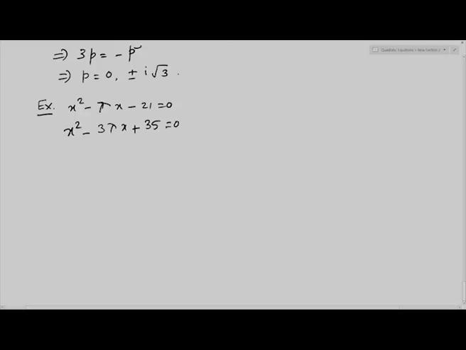The same procedure you can adopt. If they have a common root, find lambda. By using the same method you can show that lambda is equal to plus minus 4. Okay, I leave it to you as a small exercise.